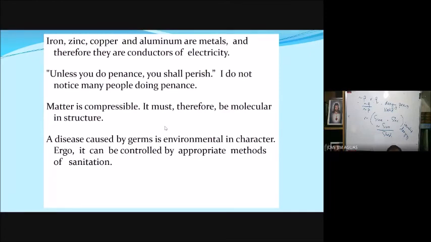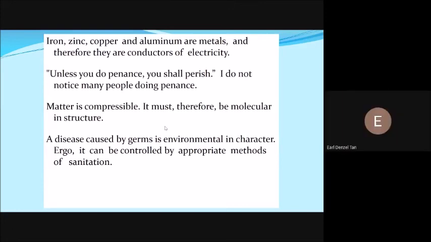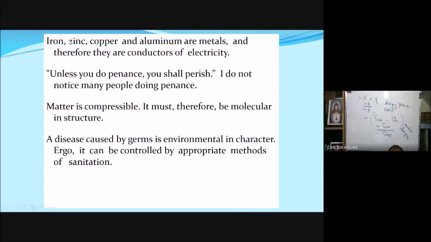First, what is the common term here? They, which represents these metals: iron, zinc, copper, and aluminum. So we cross this out, and they, because therefore is the indicator. This is the conclusion. So what will be the implied statement?